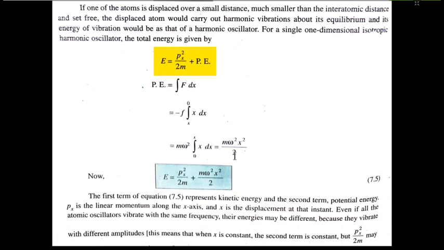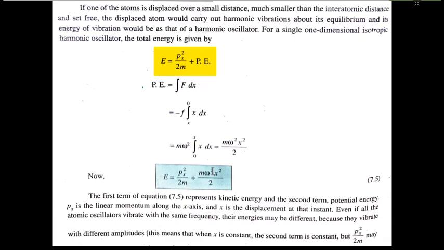So with this logic we have the total energy as per equation 7.5, that is the square of momentum divided by twice the mass of the atom, plus the potential energy.